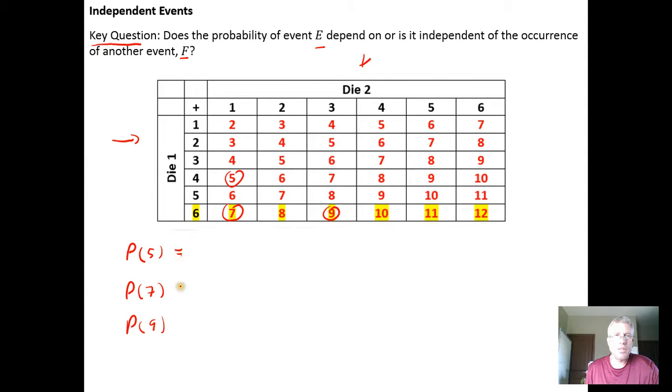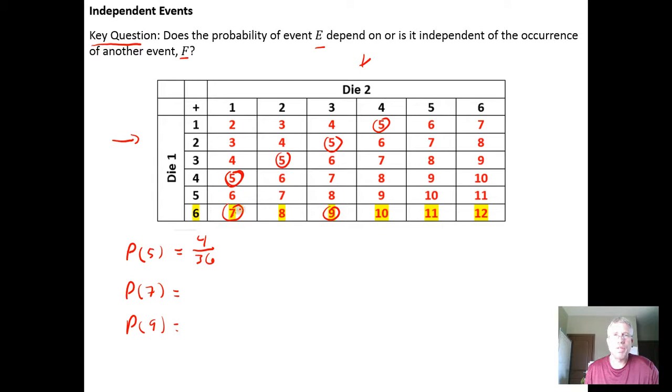To calculate these probabilities, it was a straightforward matter of counting the number of 5s, so for example 1, 2, 3, 4, and then dividing by the number of sums in the table. There are 6 times 6, or 36, possible sums.